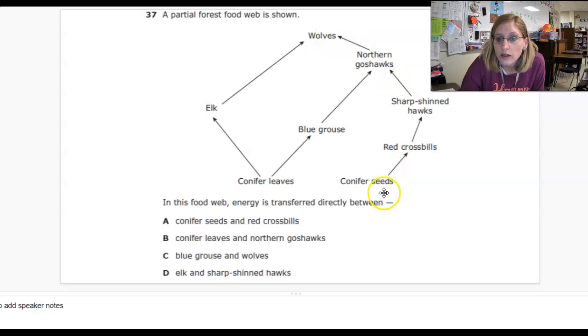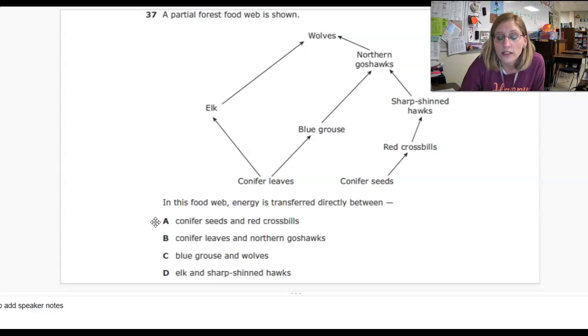Or you can start with the conifer seeds, and then it goes to the red crossbills, to the sharp-shinned hawks, to the northern goshawks, and then to the wolves. In this food web, energy is transferred directly between A, conifer seeds and the crossbills. That may be right, because it is showing energy being transferred. So we'll go ahead and think that A might be a maybe.